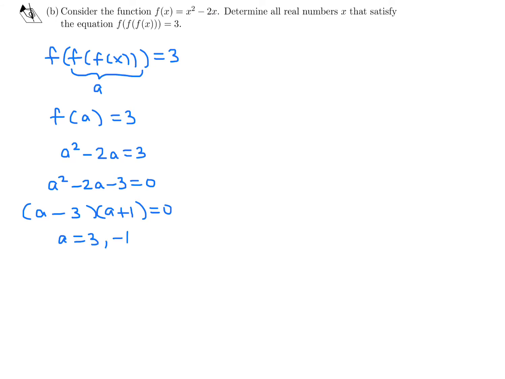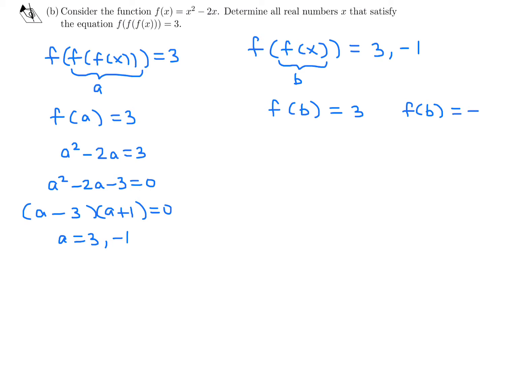So what did I just figure out there? I figured out that f of x is equal to either 3 or negative 1. Okay, so now what I'll do is I'll let this guy be something, call it b. So f of b is equal to 3, or f of b is equal to negative 1.